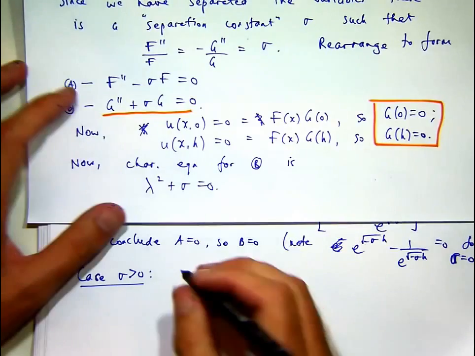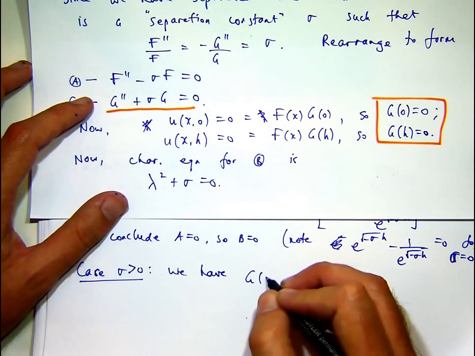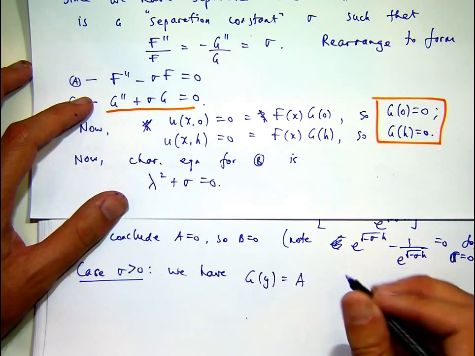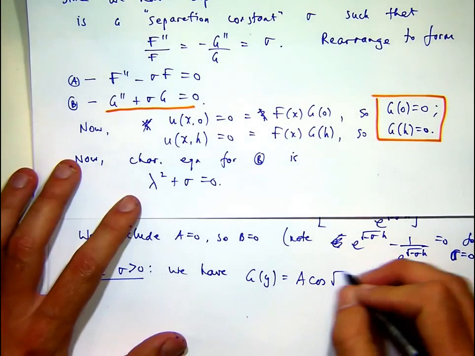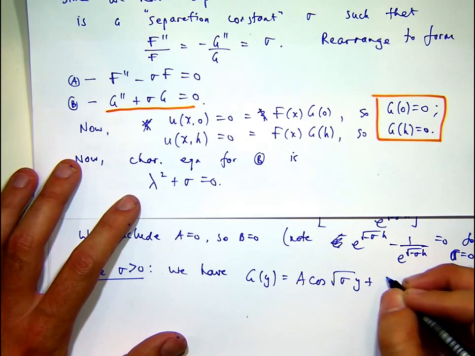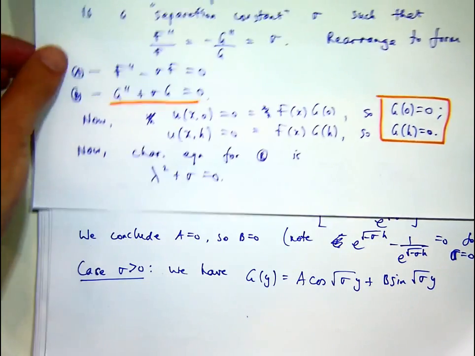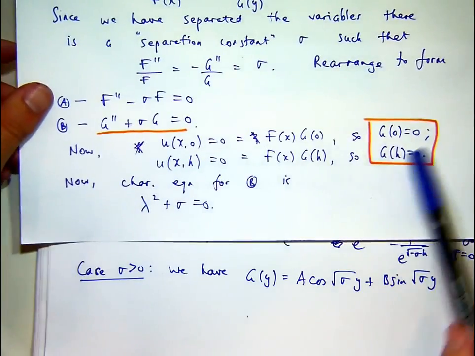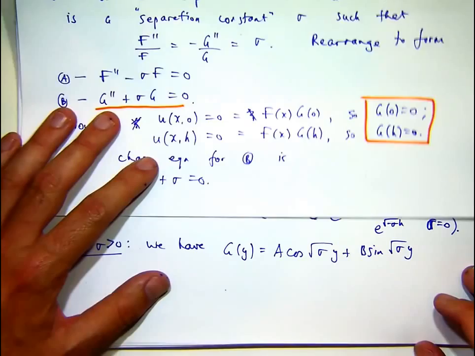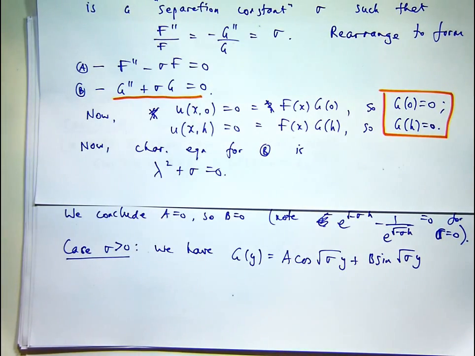Again, the A and B are constants, which we'll try to determine from these boundary conditions. Okay, so this is where it starts to get a little bit more interesting, a little bit more non-trivial, no pun intended.